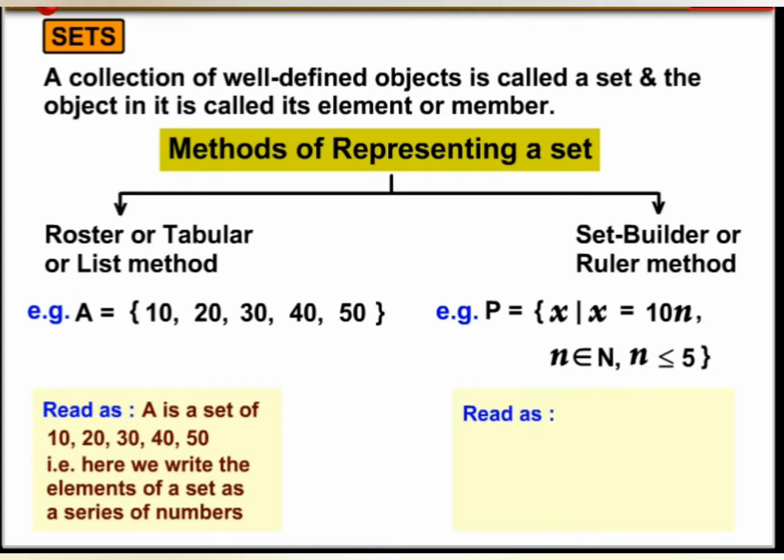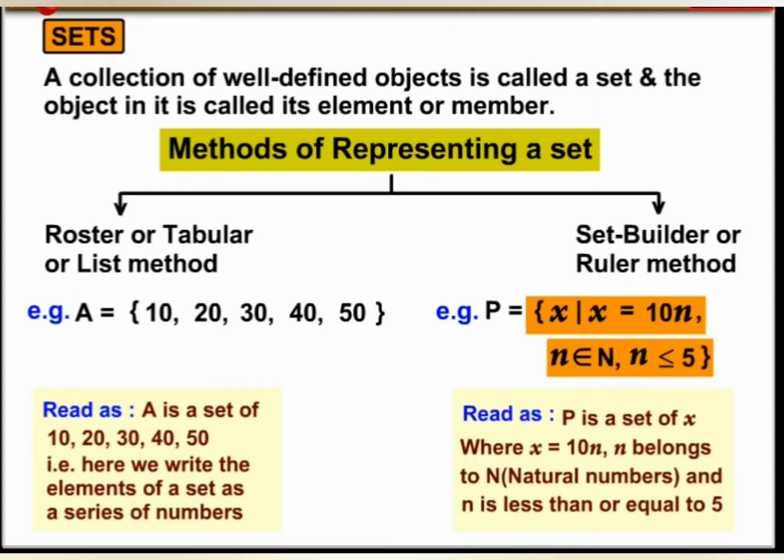This can be read as P is a set of x where x is equal to 10n, n belongs to N, that is natural numbers, and n is less than or equal to 5. That is, here we define variable x in terms of natural number n instead of writing a series of numbers.